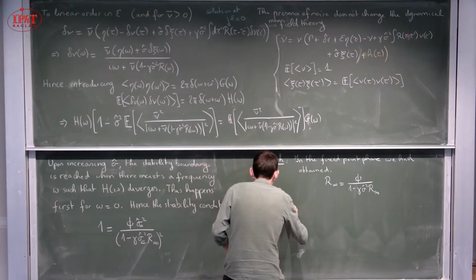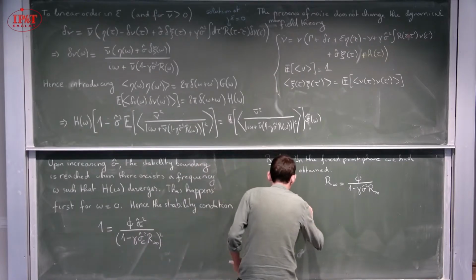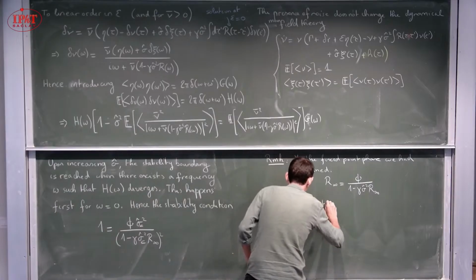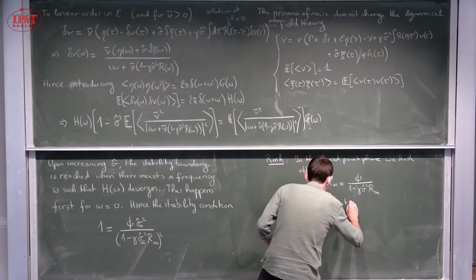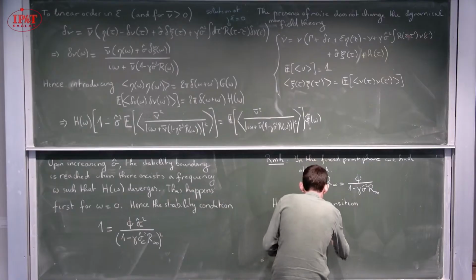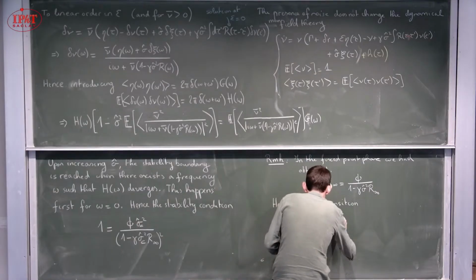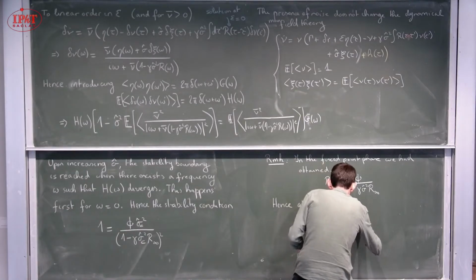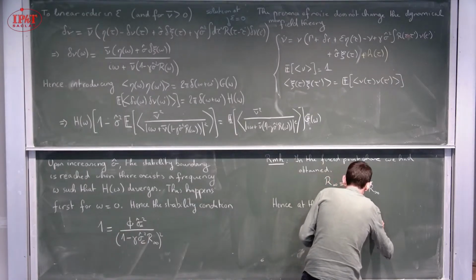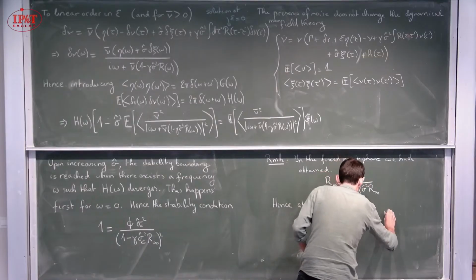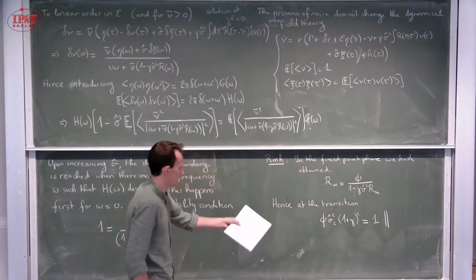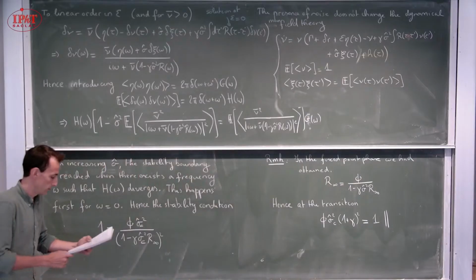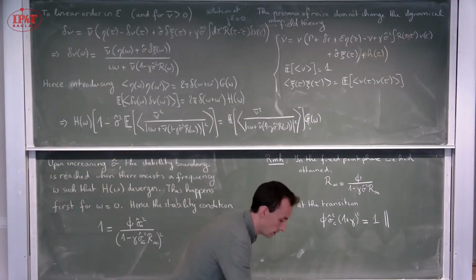And if I mix these two equations at the transition, what I get is that phi sigma_c squared (1 plus gamma) squared is equal to 1. We get this simple looking condition for the instability of the fixed point phase.